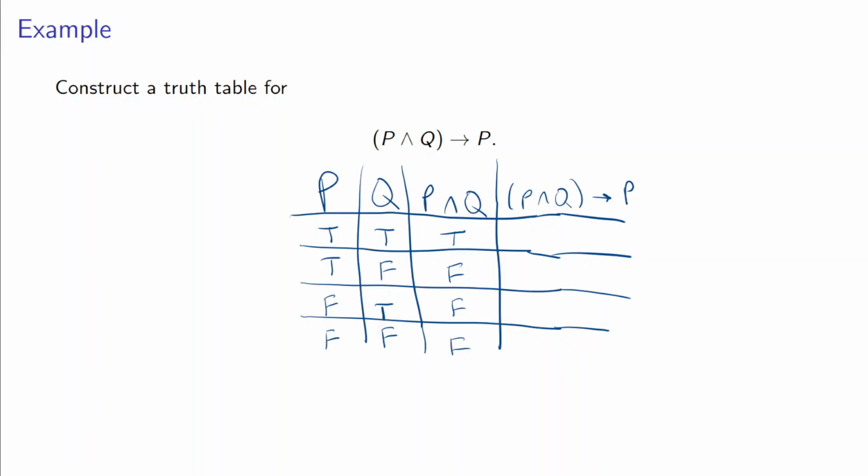P and Q is true in this first one here, but P is also true. So we have true, true. So that's fine. Otherwise, P and Q is false. So the if P and Q, then P, I guess, is going to always be true. We don't have any of those true, then false possibilities. Okay.